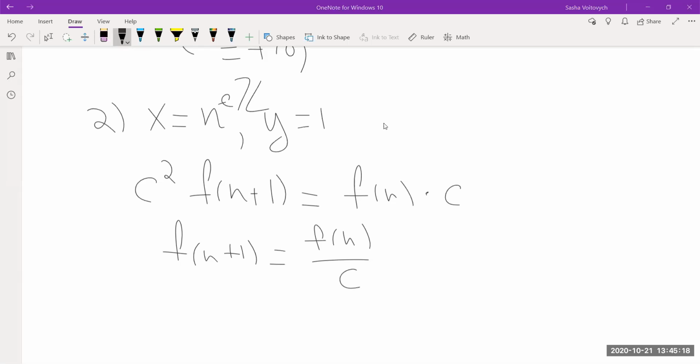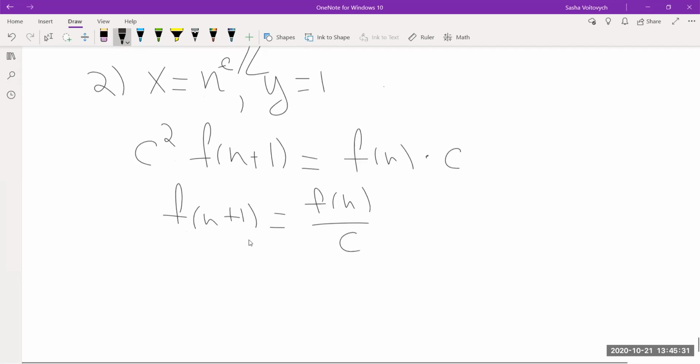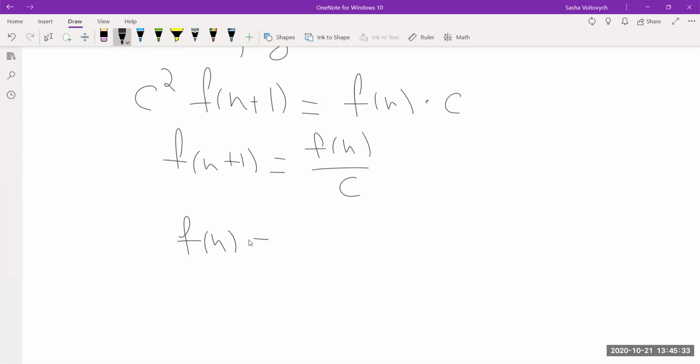So then f(n) would be f(0) divided by c to the power of n. f(0) we know is c squared, so this is c^(2-n). Okay, so this works for n non-negative.